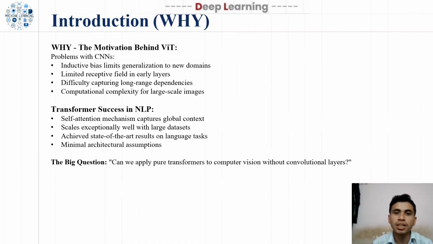This success raises an important question: can we apply a pure transformer to computer vision without using any convolution layer? This is exactly what the vision transformer aims to answer. The motivation is to bring the power of the transformer to the vision domain and overcome the limitations of the CNN.